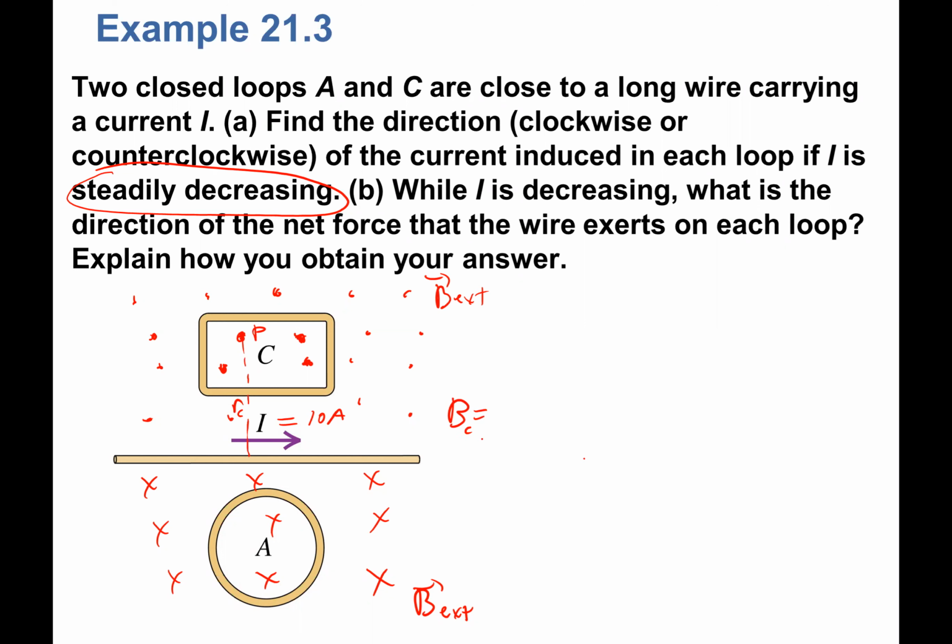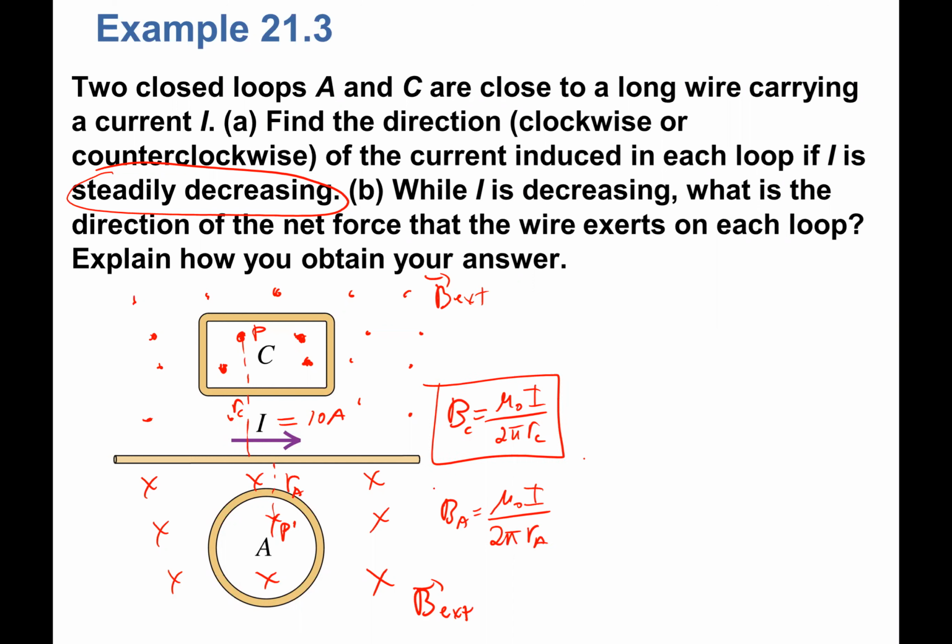I can calculate the magnetic field at that point, which will be mu naught times the current divided by 2 pi times RC. I can also calculate the magnetic field over here, at a point, let's say P prime, at distance RA from the wire, at the loop A. There the magnetic field is mu naught times the current divided by 2 pi times RA.